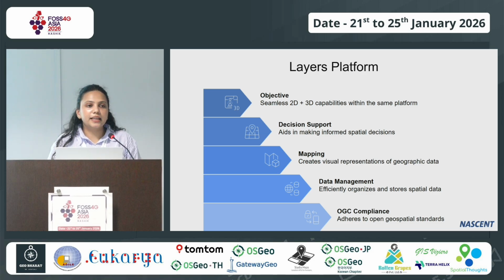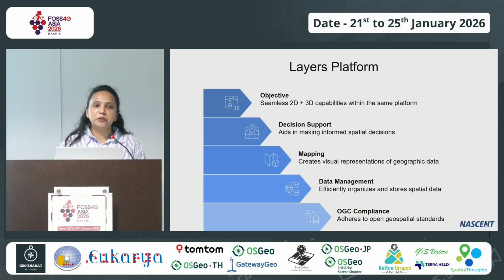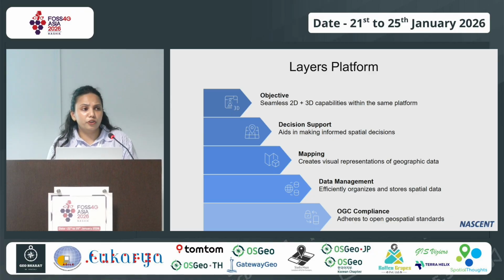So Nascent has its own product, Layers. It consists of two separate platforms: an admin portal and a geo portal. In the admin portal, which is basically for smart cities, we create different projects and different departments for cities and municipal corporations, upload data, manage data, and all that.